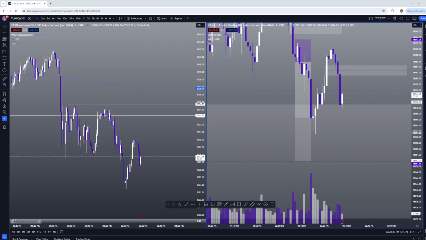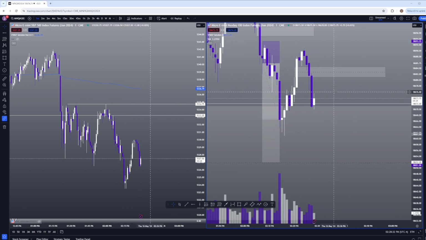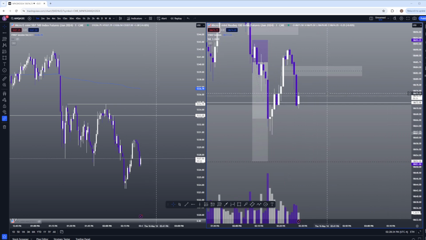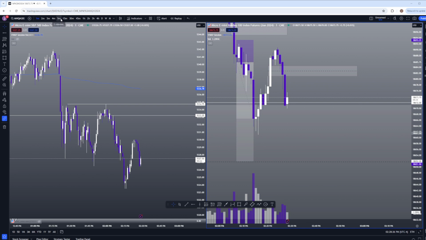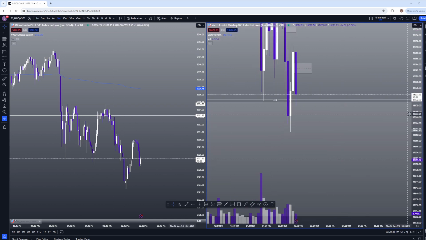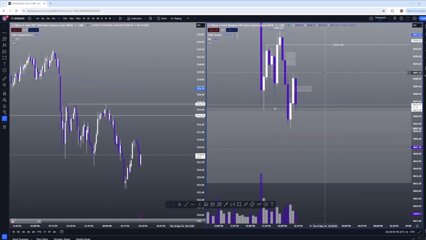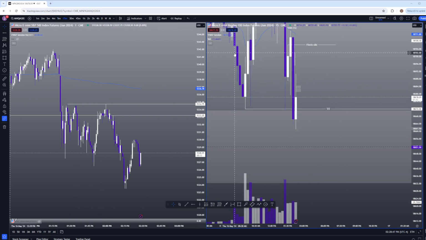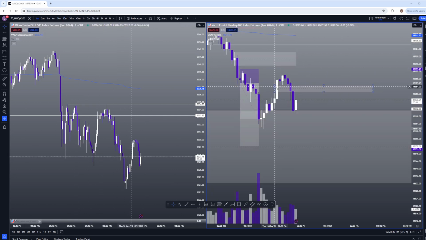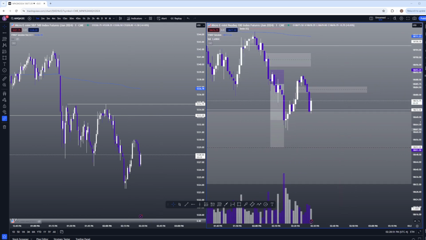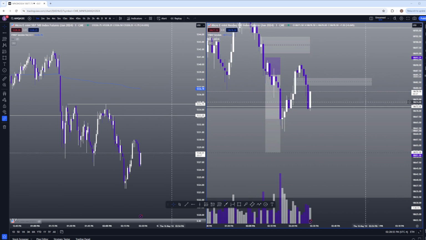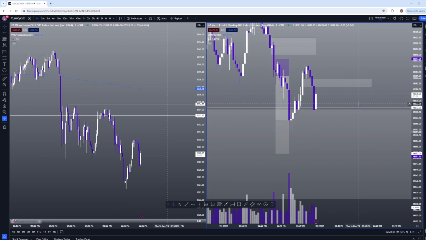Just going to continue with this patience, guys. The 5-minute closes in about a minute and a half. We'll see. If we keep ranging, I'll just stop trading.